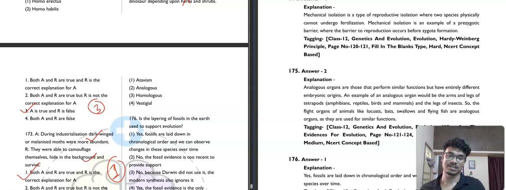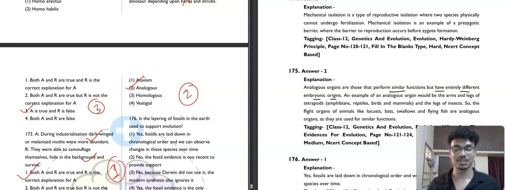These are analogous organs, okay, that perform similar function but have entirely different embryonic origin or structure. So second option will be the correct answer. Homologous organs are vice versa of analogous organs, that they perform different functions but their structure is kind of similar, embryonic stage. Then question number 176.